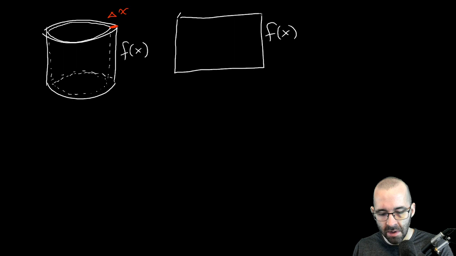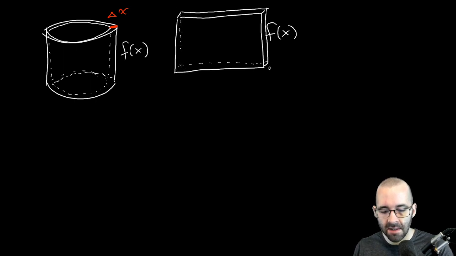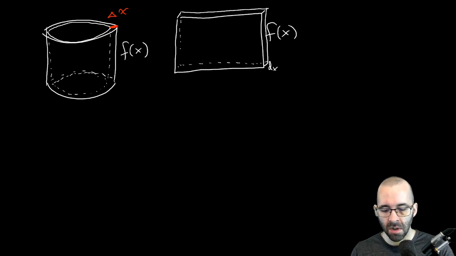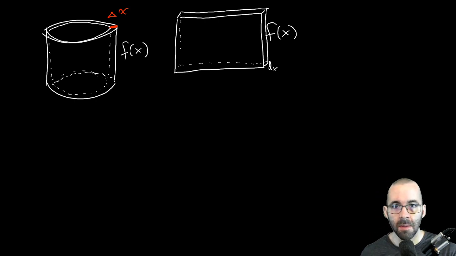Think of this like a three-dimensional rectangle, a rectangular prism, where the thickness is that dx still. What's the bottom of this? Well, the bottom of this is the circumference. What's the circumference of a circle? We're revolving it around the y-axis, so it is a circle. Circumference of a circle is pi times the diameter.